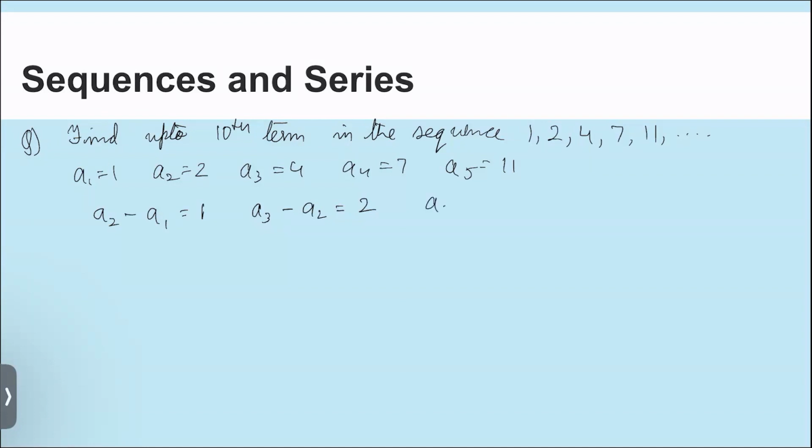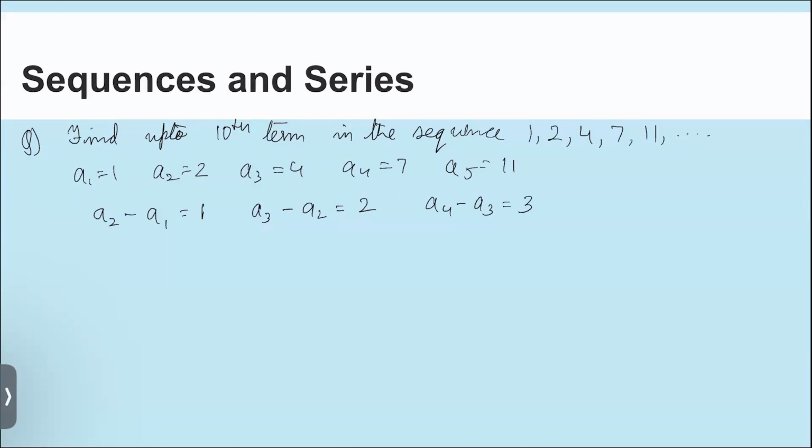Similarly, with A4 minus A3, the difference is now 3. So you can see that the difference between two consecutive terms in the sequence is actually increasing by 1 itself. Okay, so we can understand that there is no definite D over here. So how can we go about trying to find the term?